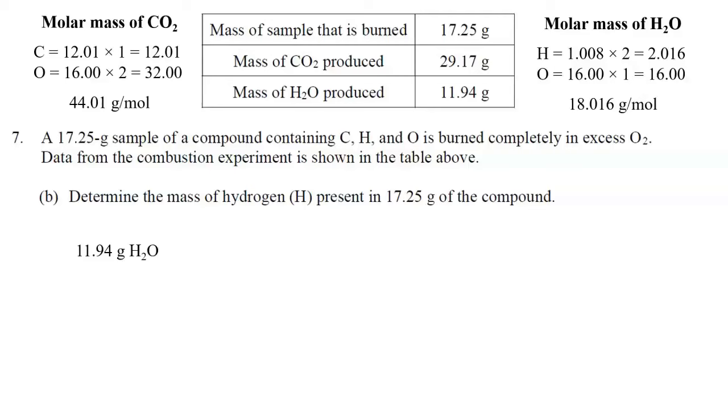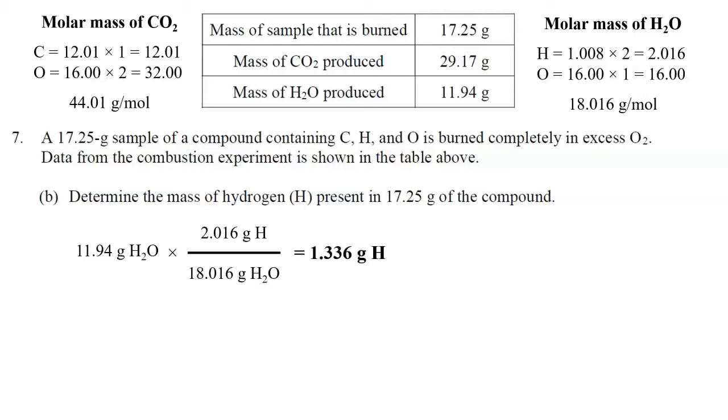There are 2 H's in the formula H2O. So there are 2.016 grams of hydrogen for every 18.016 grams of water. We do that math and we get, when rounded off to 4 significant figures based on the 11.94 having 4 sig figs, 1.336 grams of hydrogen.